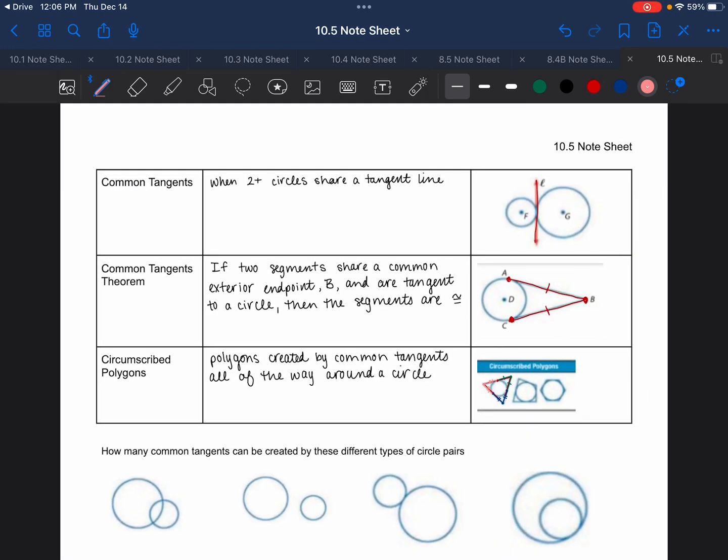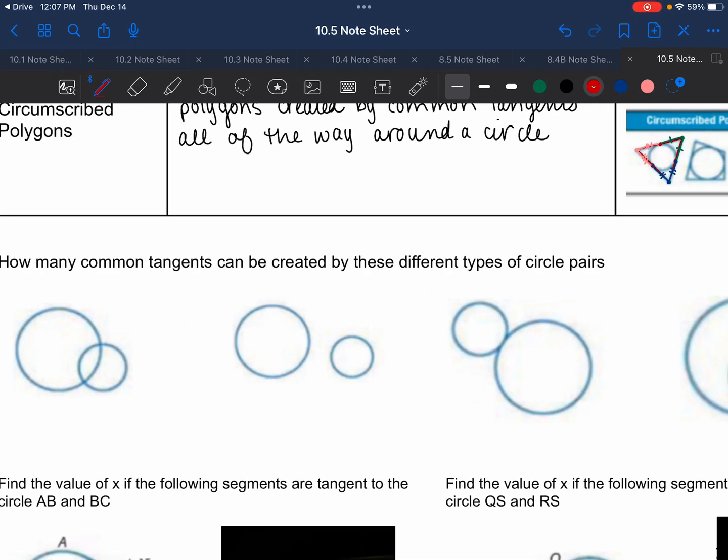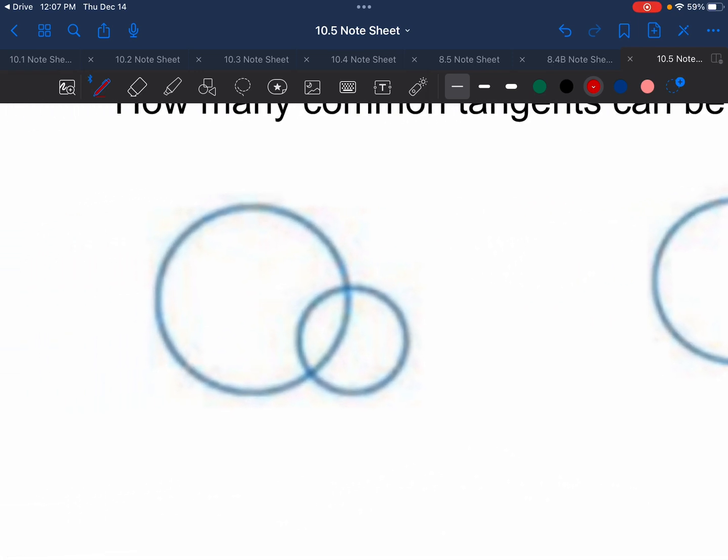All right, so let's go through some examples. For these first four, how many common tangents can be created by these different types of circle pairs? So this first one, common tangent, imagine we had a line going between the two circles. But if I draw the line that intersects here, that's not a tangent to either circle because it intersects it twice.